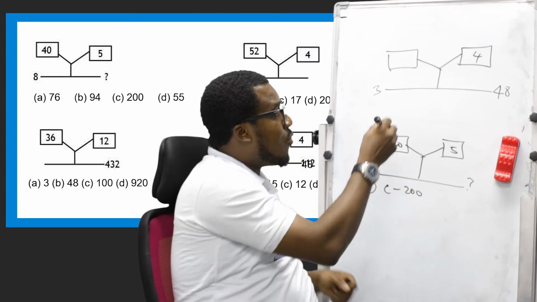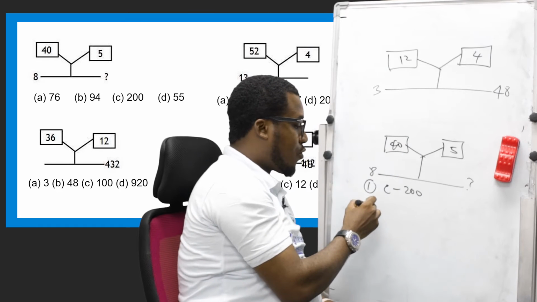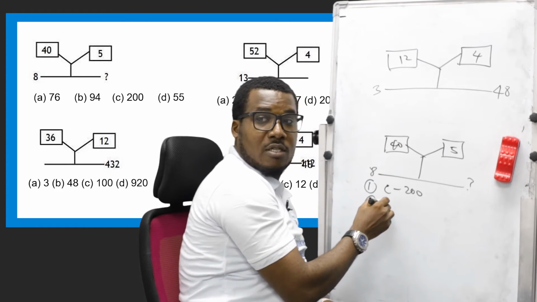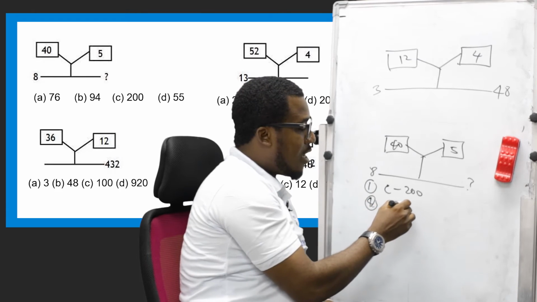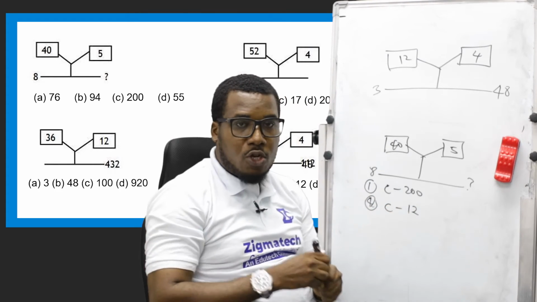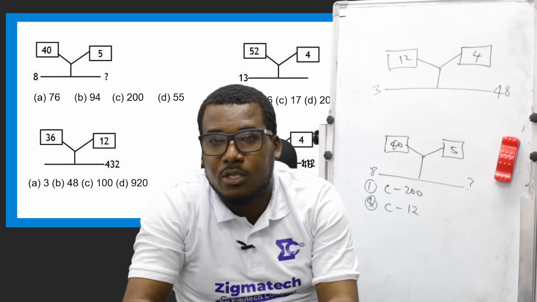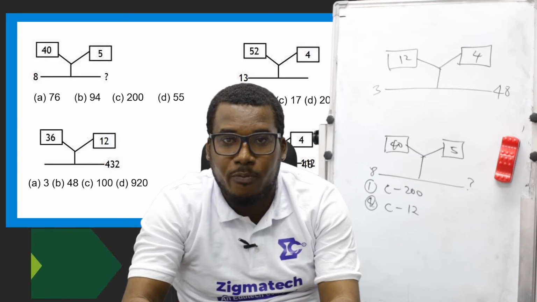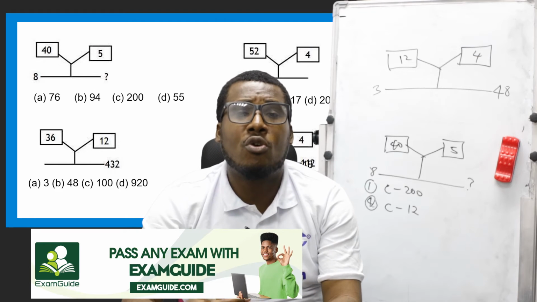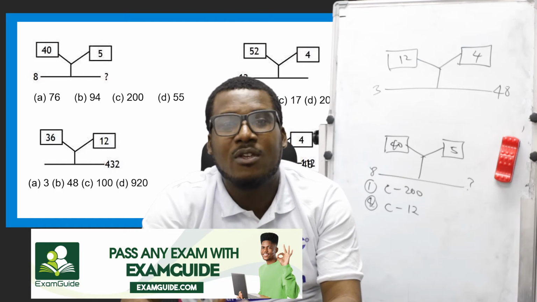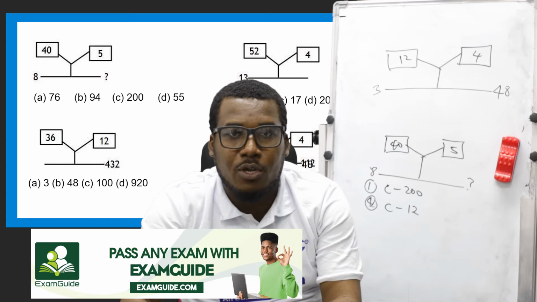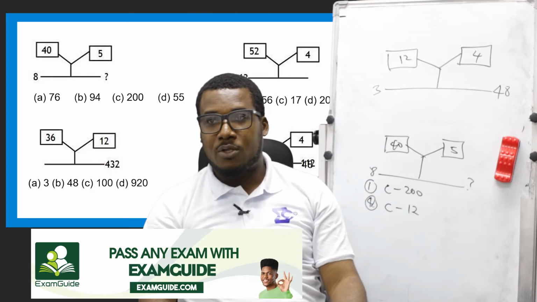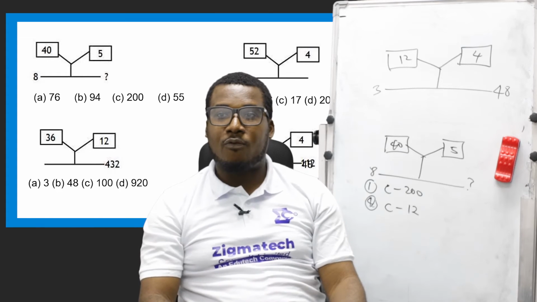Because we know that the answer will give us 12 here, that means question number 4 is C, and it is 12. So you can attempt the other 2 questions at your leisure to help you appreciate this kind of question further. Or you can also go and do what we call extensive studies. Give yourself questions, self-questions, so you can understand all about these kinds of questions.